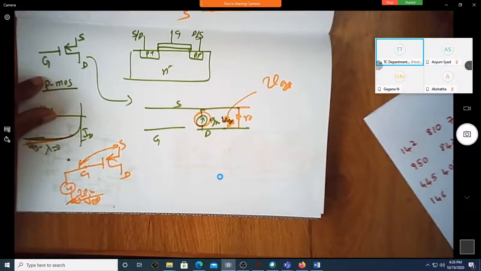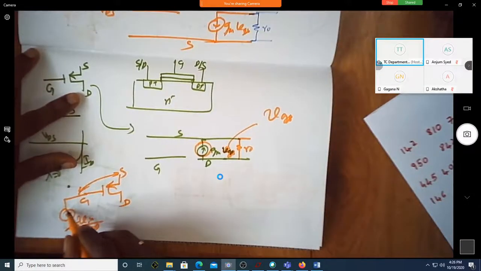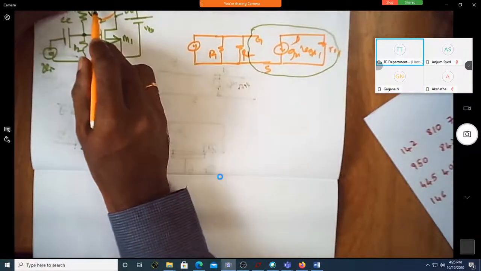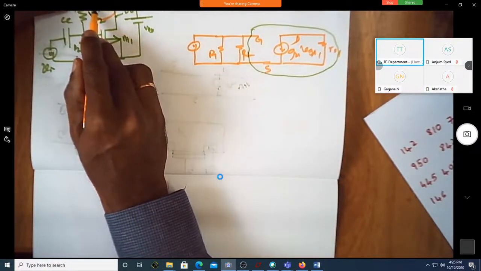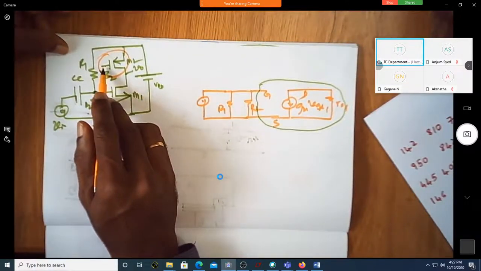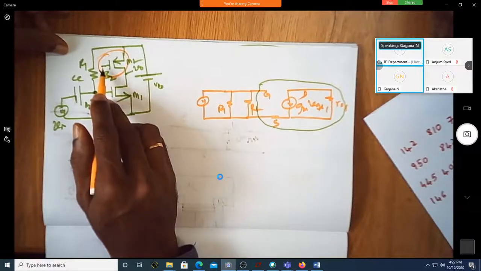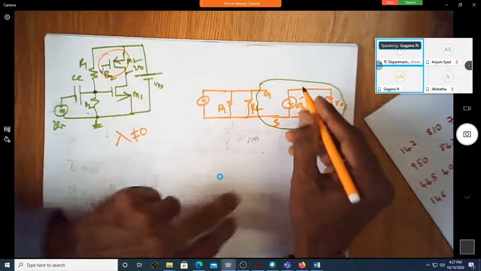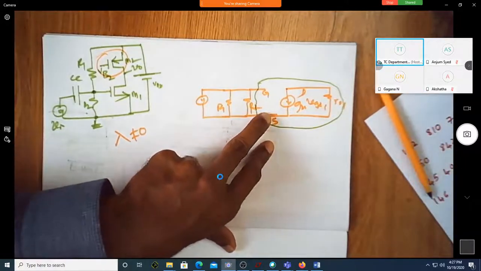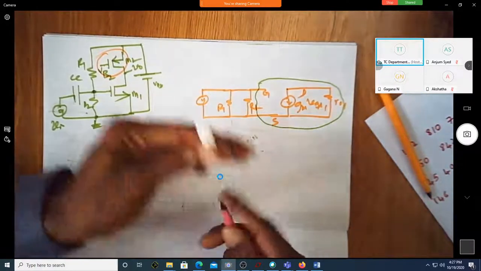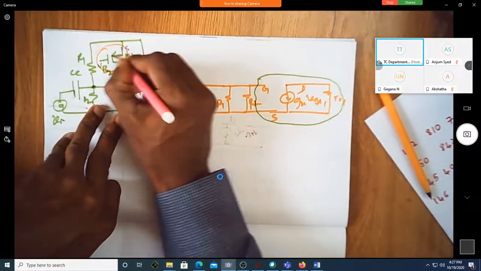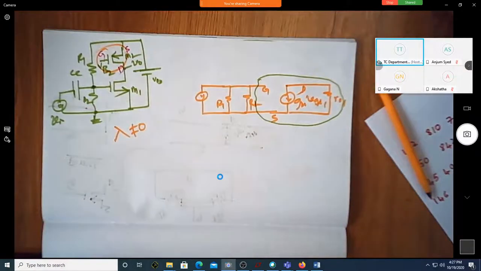Now I have not connected anything here. What is the voltage that you have at the gate? This is a DC voltage. Correct? Yes, sir. Let me rewrite the same thing; now I'm writing it for the PMOS. Is this again the drain here? Drain, source, gate. Am I correct?